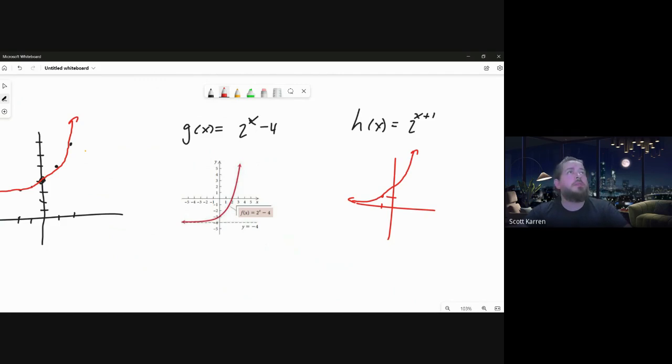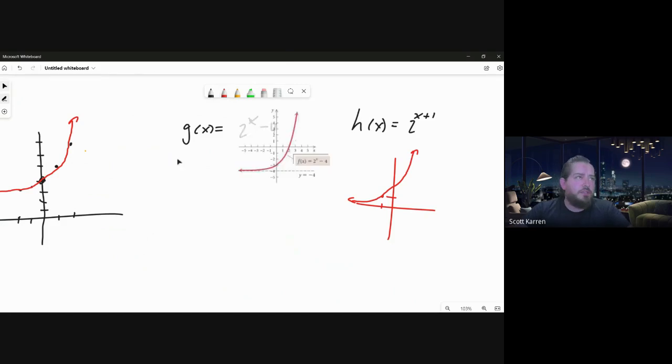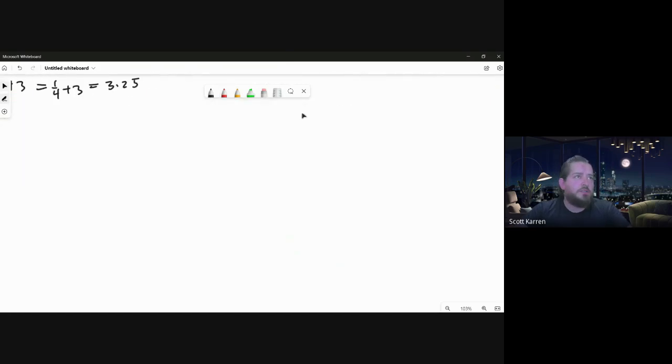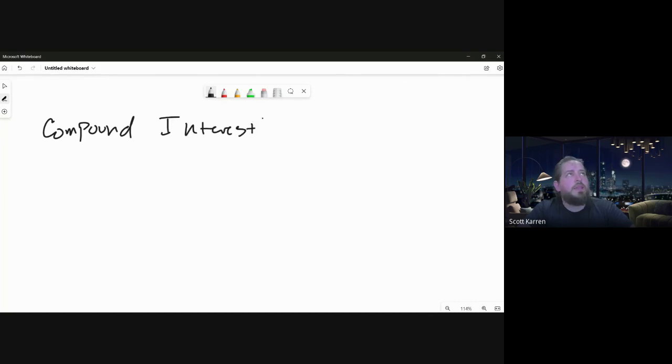Okay, good. So one of the applications of these types of functions is compound interest. So if I have this function here, A is equal to P multiplied by 1 plus r over n, all raised to the t.